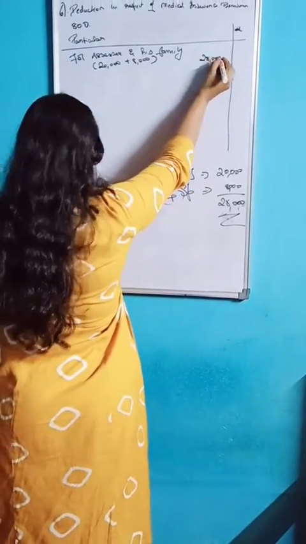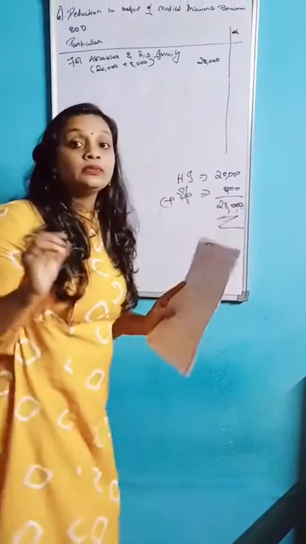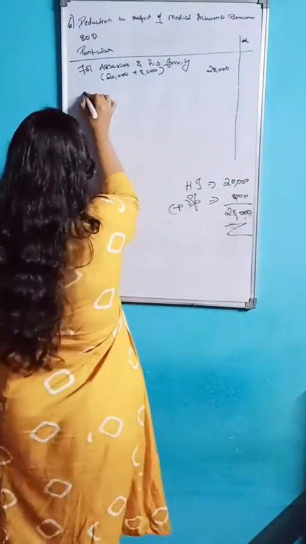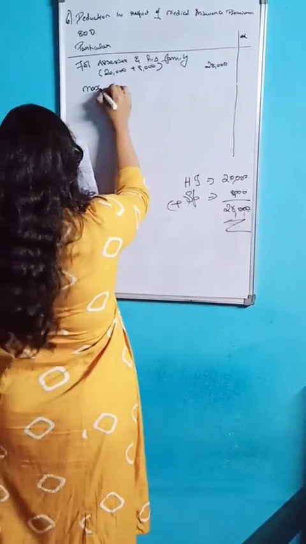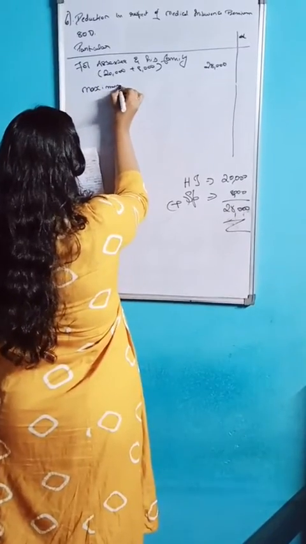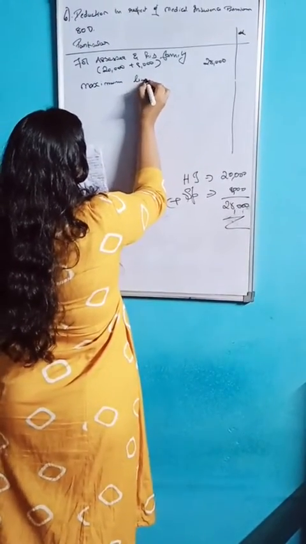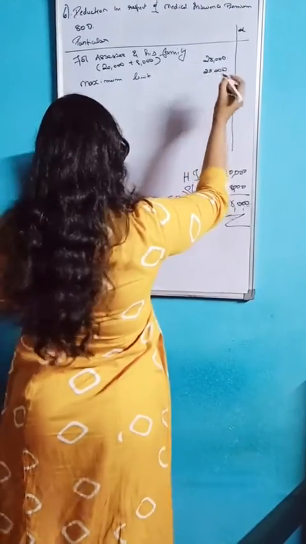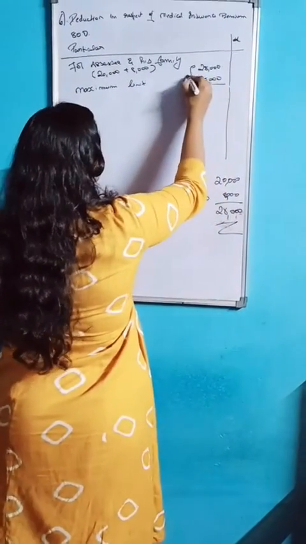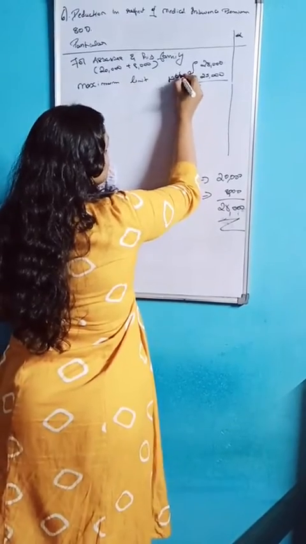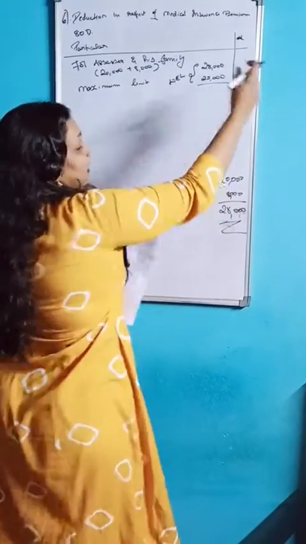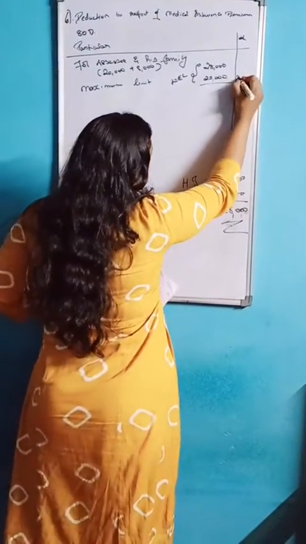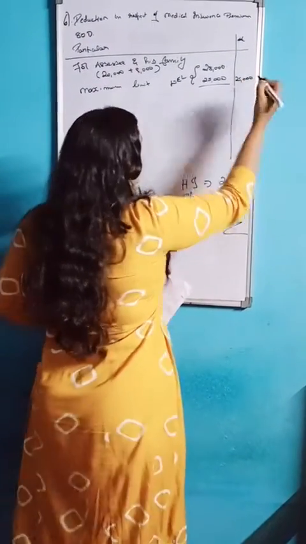Okay, and the maximum limit is 25,000. Then you see whichever is less, you write in the amount column. So whichever is less, that is 25,000. So write here 25,000.